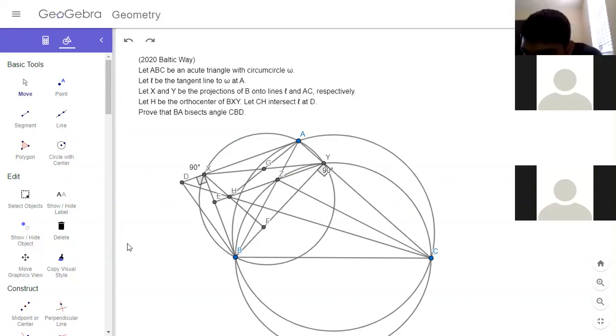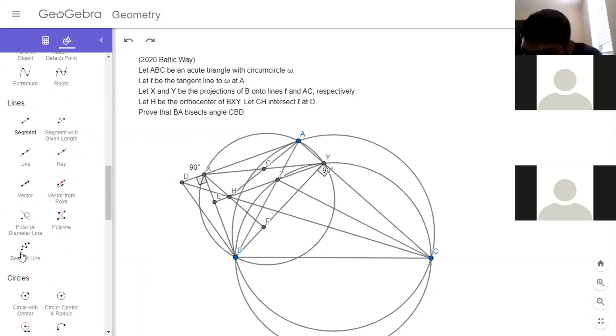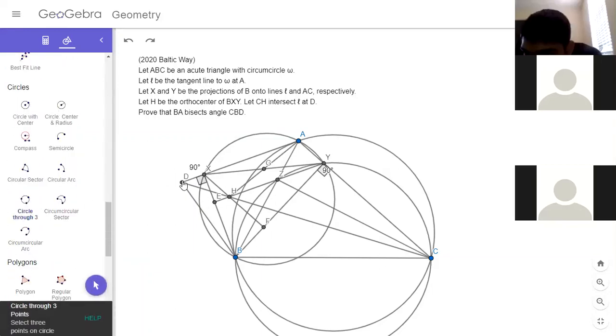I guess if we could show CY over YA is AX over XD. Oh, so I think actually it might be the same as showing DXYC is cyclic. Let me check that.